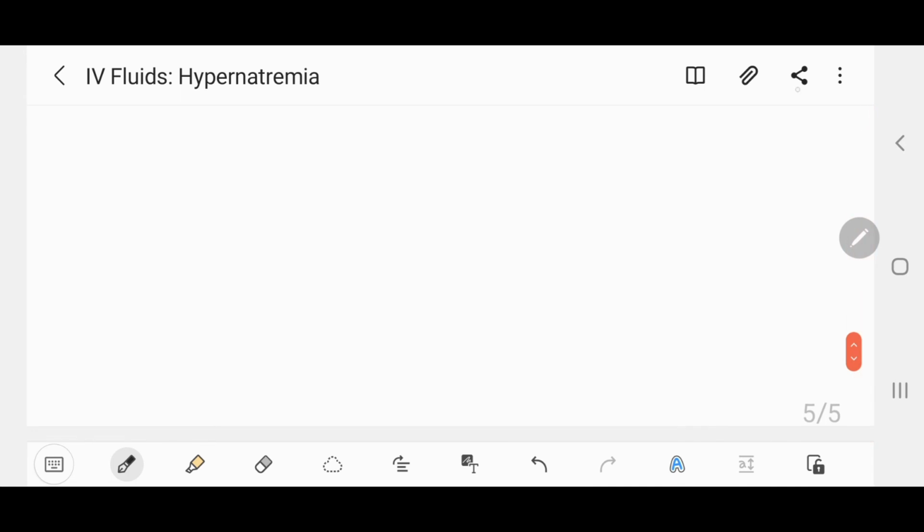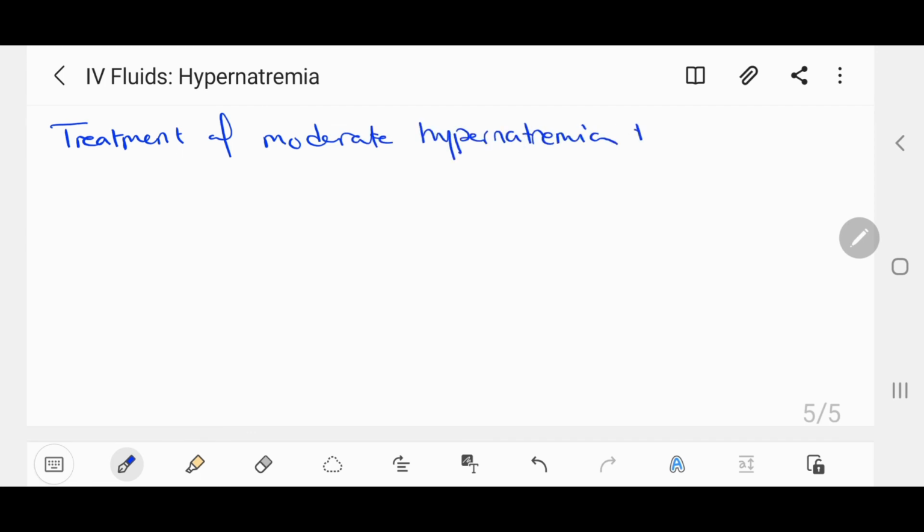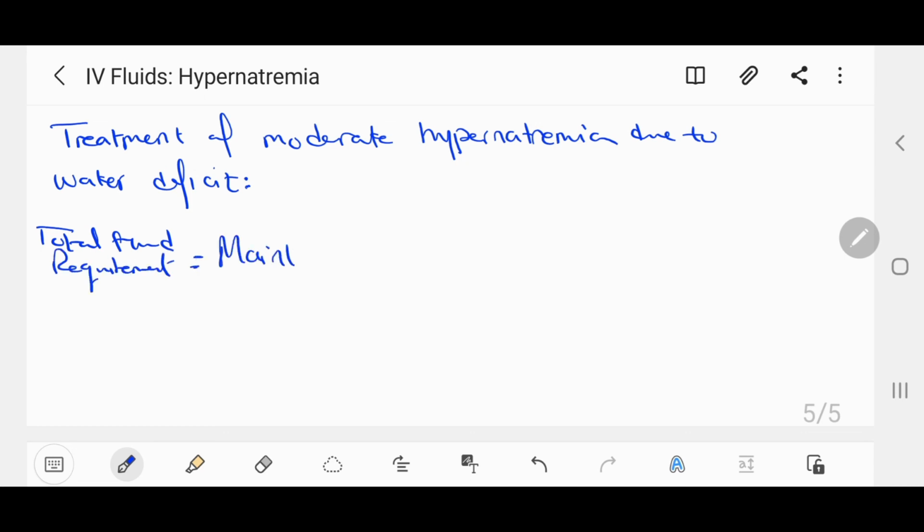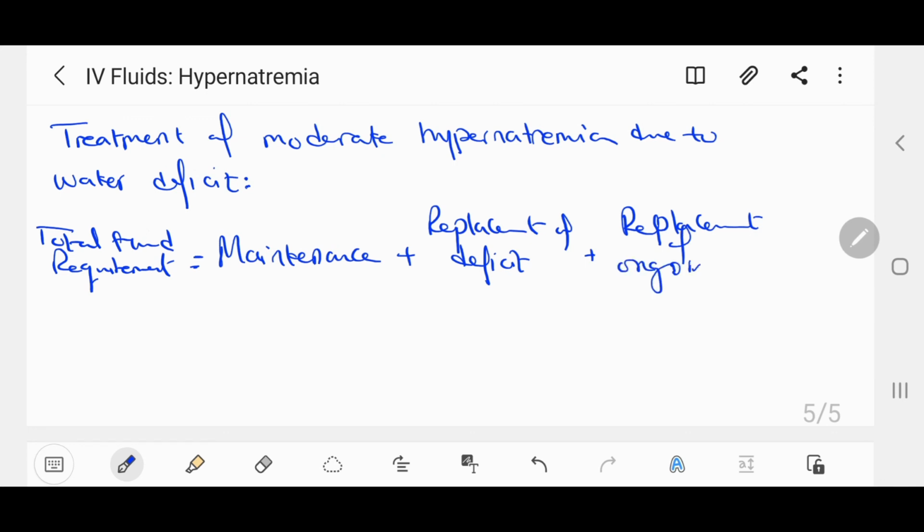Now we'll move on to the treatment of moderate hypernatremia due to water deficit. So as we mentioned earlier, we've got two causes, water deficit and sodium excess. So now we'll concentrate on this part. As we mentioned in a previous video, I will link it below if you need it. The total fluid requirement equals maintenance plus replacement of deficit plus replacement of ongoing losses.